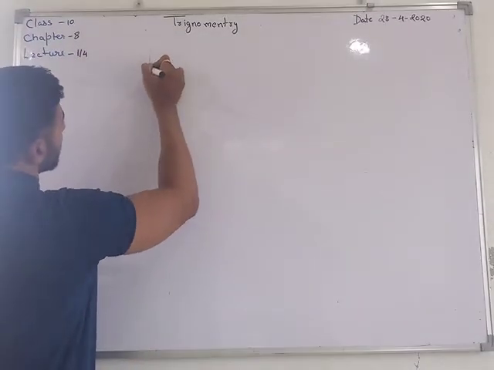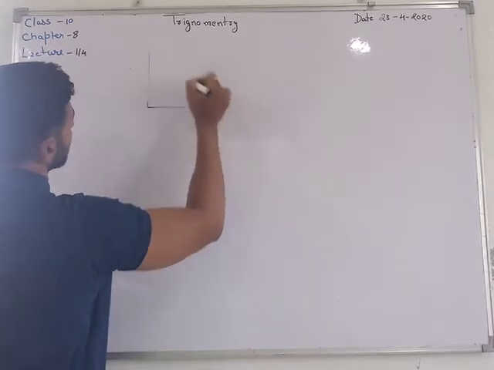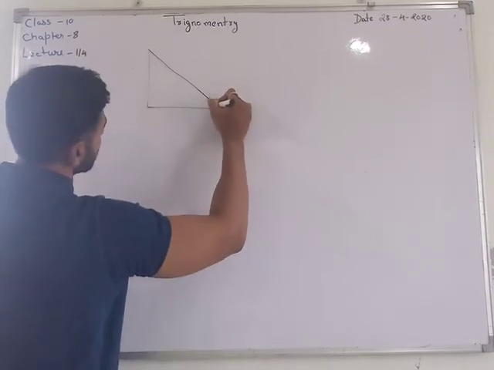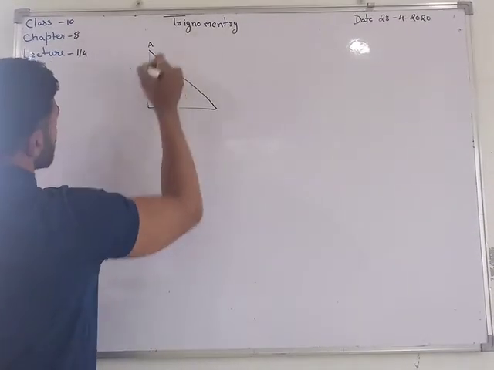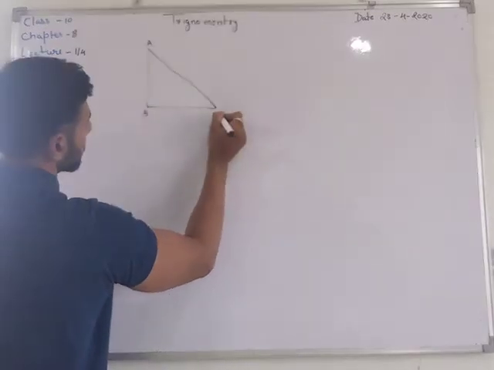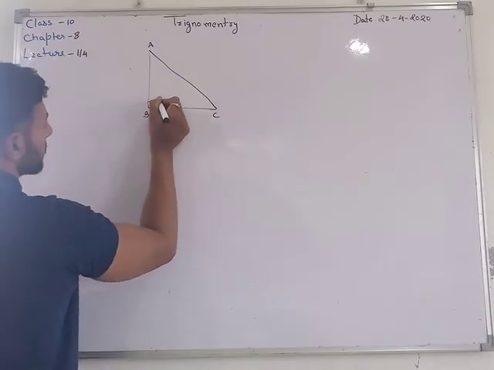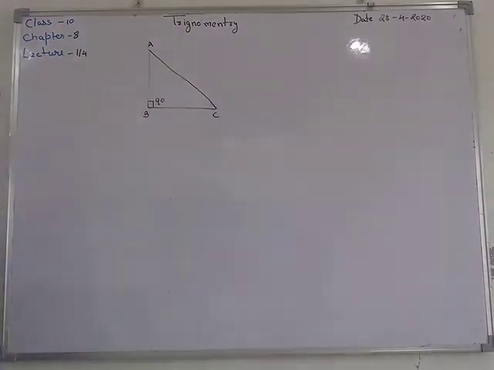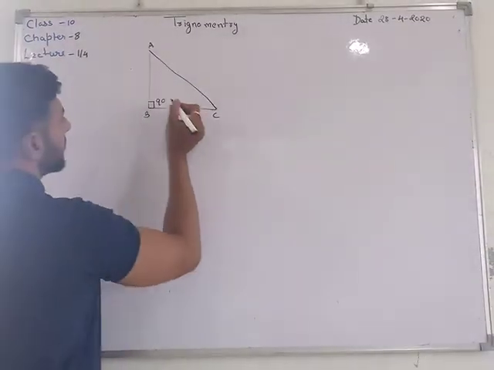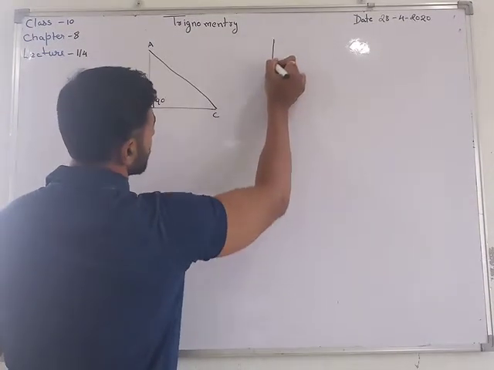We are given a right triangle ABC, with 90 degree at angle B. We make one more same triangle.